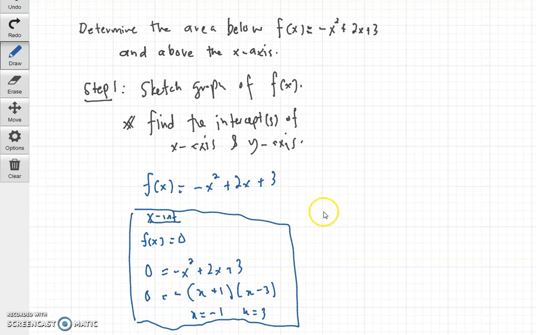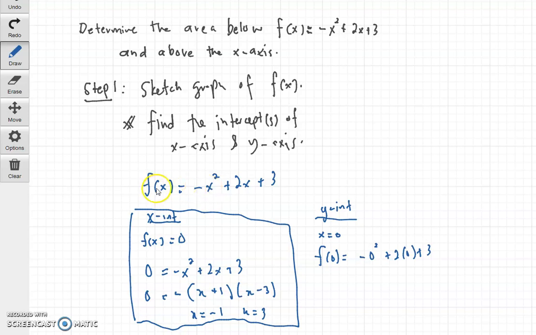Now let us move into how to find the y-intercept. In order to find the y-intercept, here we are going to put the value of x becomes 0. It's a different story if you try to find the x-intercept, where the value of y will be 0. Now when x is 0, you just need to get the value of f(0). So you are going to get negative 0 to the power of 2 plus 2 times 0 plus 3.